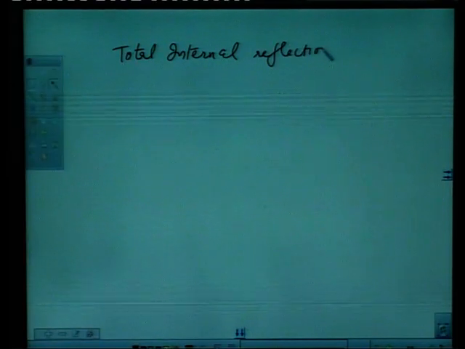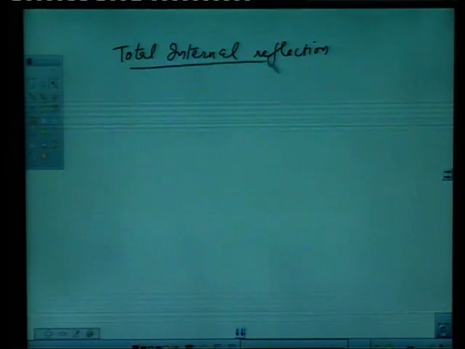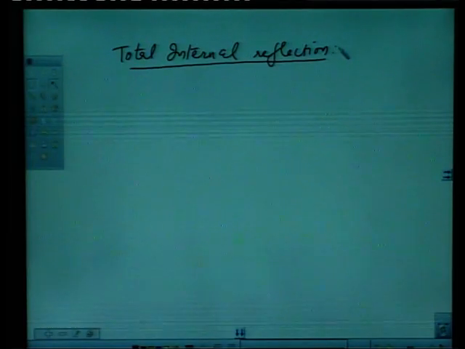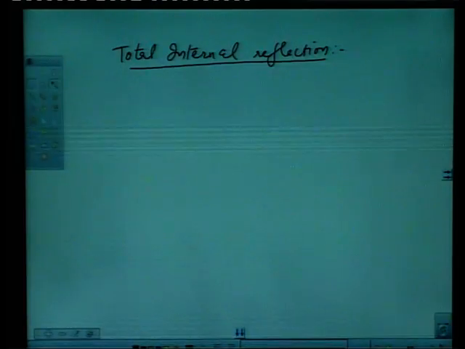To understand the working of optical fiber, we need to understand the concept of total internal reflection.